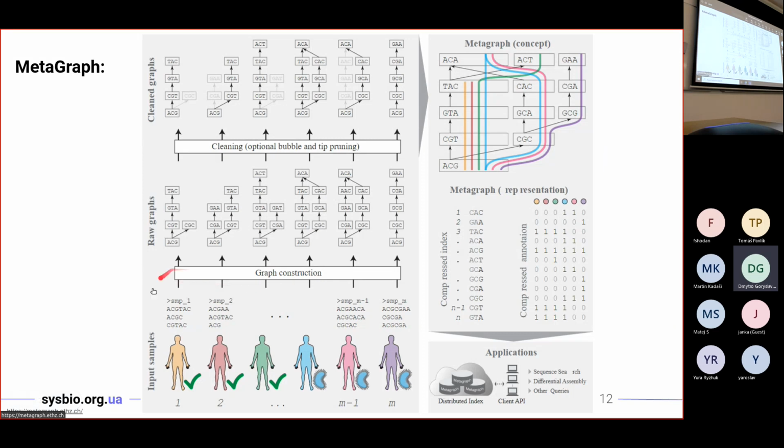So we have samples, the separate graphs are built, there's an optional step of graph cleaning, and then those graphs are united into one graph with labels, which is stored in a compressed format. Now I would like to tell you about the compressed format in which MetaGraph stores the K-mer index and its annotations.